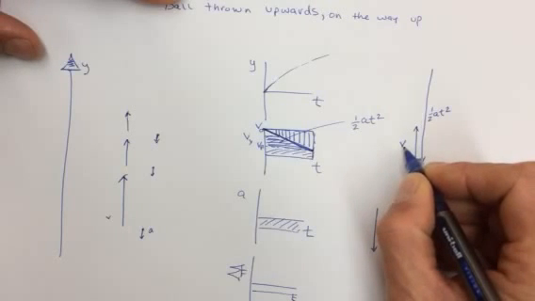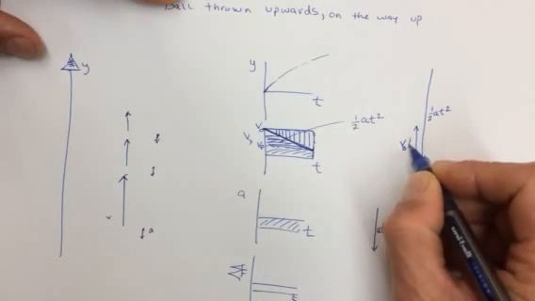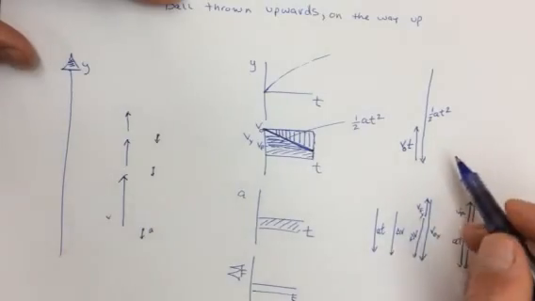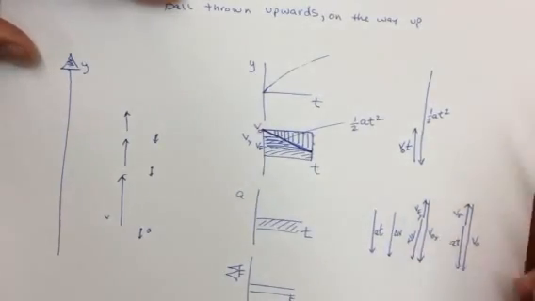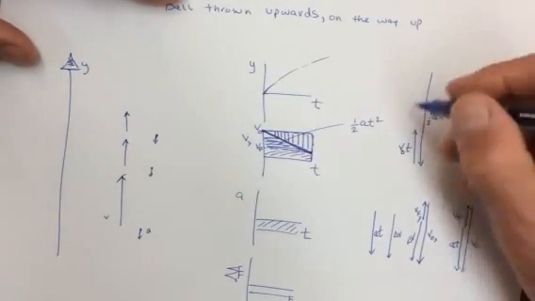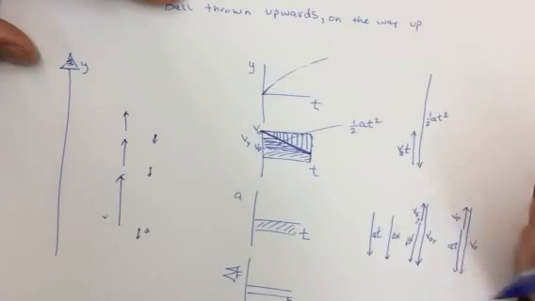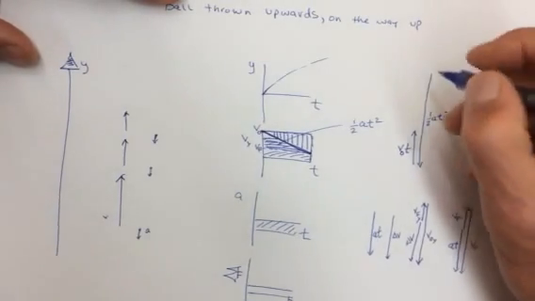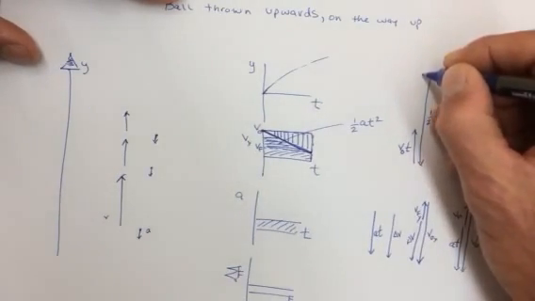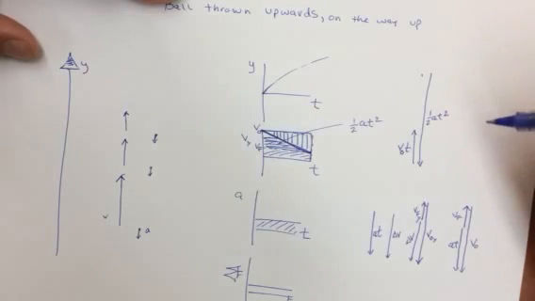So my initial velocity in the y direction times time adds with my 1/2 AT squared vector, because my acceleration's in the opposite direction as my initial velocity. So these vectors add together.